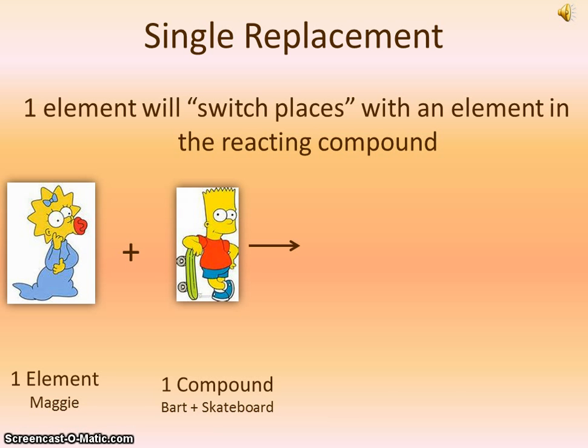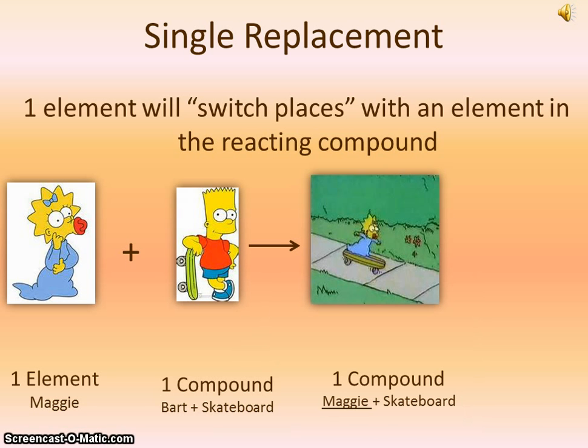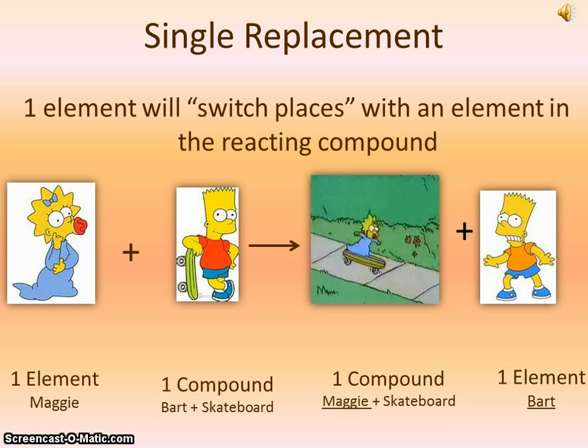As these 2 react, Maggie will steal Bart Simpson's skateboard, becoming a new compound, and Bart Simpson will be left alone representing an element. To summarize this, we will have A plus BC yielding AC plus B.